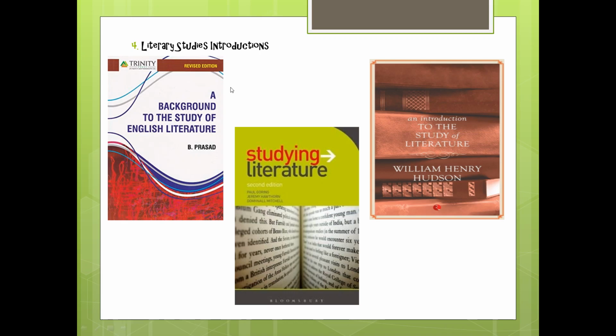So, in order to get a good grasp of all these seminal ideas, the student should go for these three books. The best book to start off is by B. Prasad. The book is called A Background to the Study of English Literature. It has described all the necessary genres of poetry, prose, short story, novel, as well as other kinds of fiction, and drama.